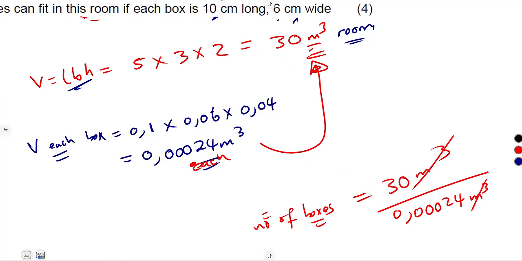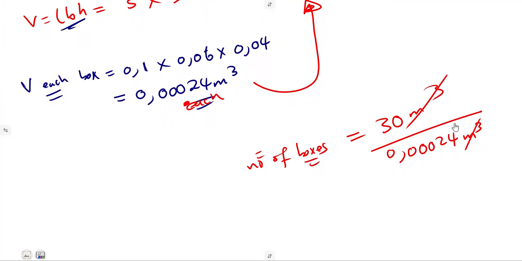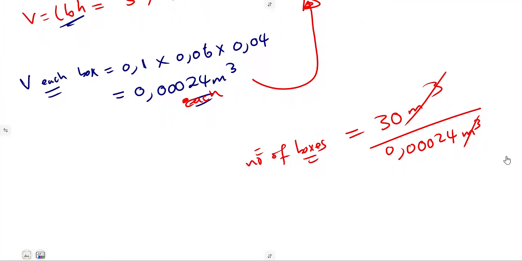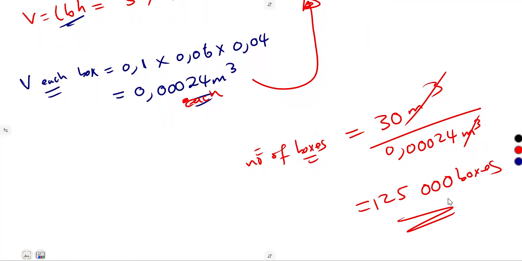Same units, they cancel. So 30 divided by this was going to give us 125,000. Okay, this is what we have, boxes. So those are the number of boxes that you're going to have at the end, just like that.